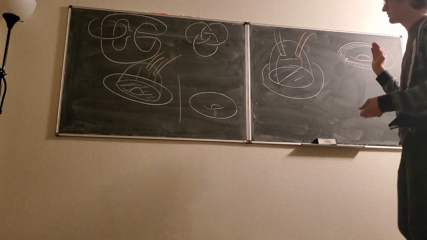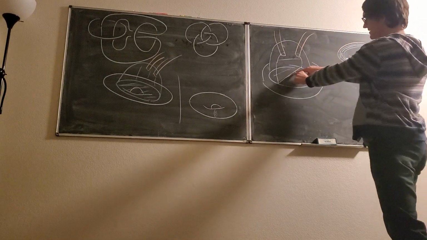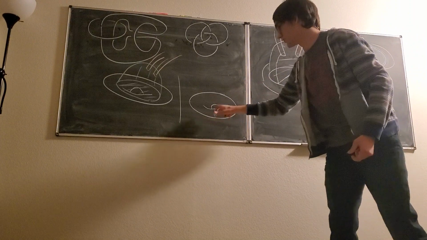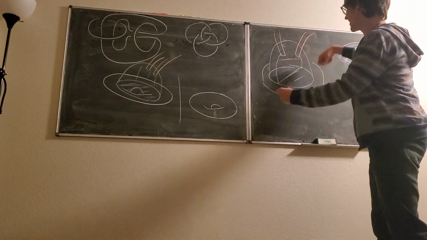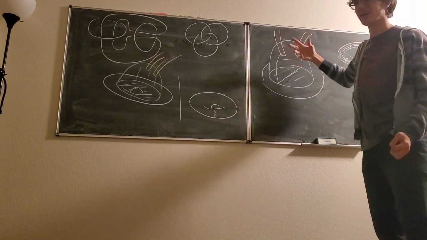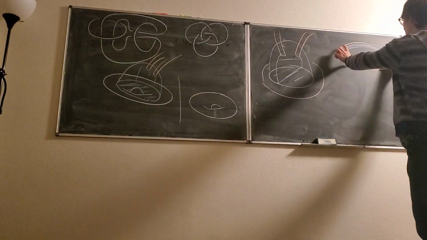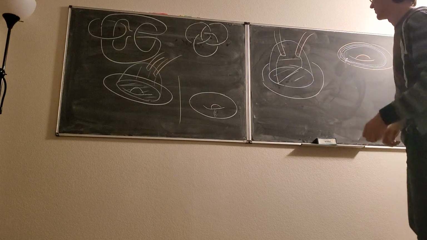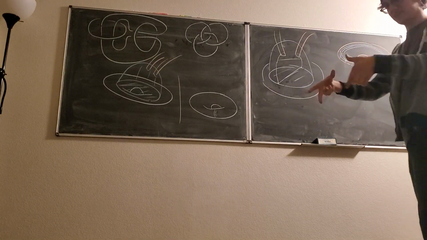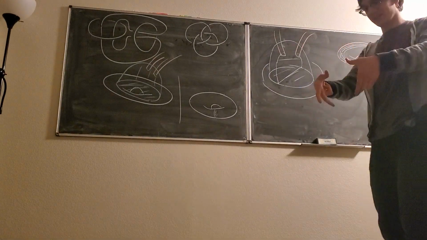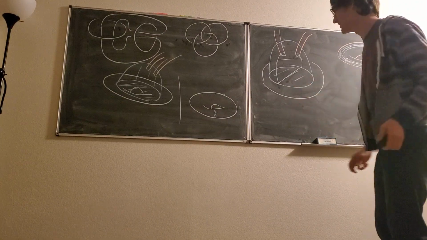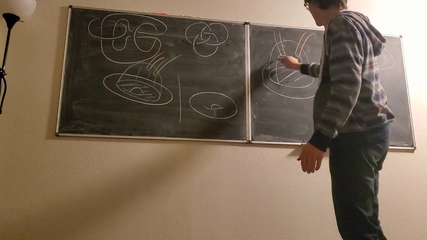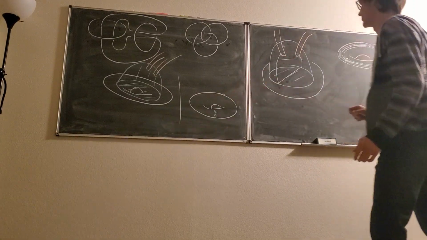These are similar to the meridian curves that are going through the torus, right? Because it's going through the hole. You can't escape it, whereas this one is similar to the longitude curves that aren't bounding the hole. So this one is the longitude curves, whereas this one is a meridian curve of the torus.